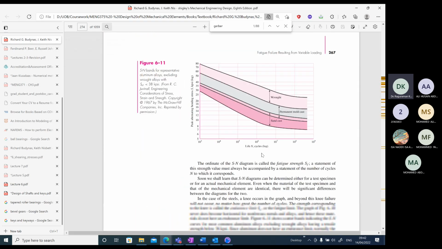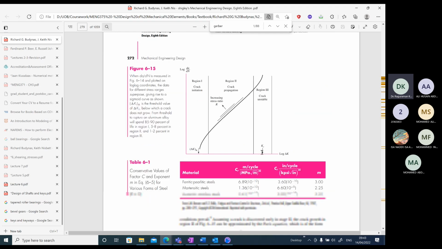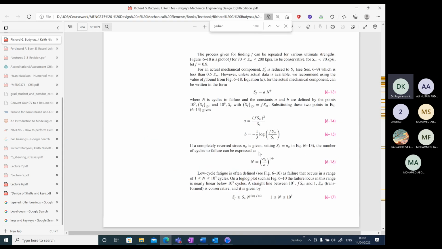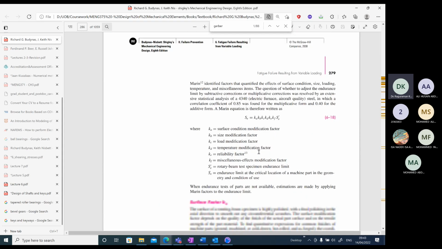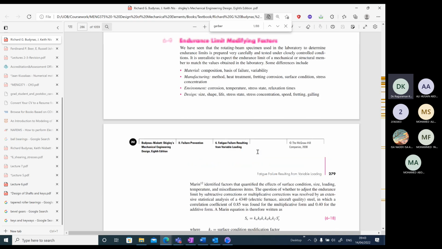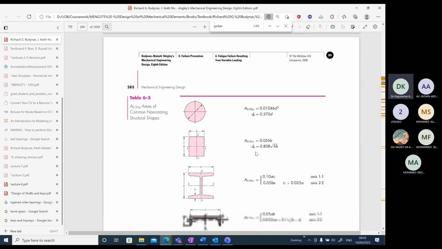Again, what is the combined stress we have seen? Let's try to recall that. I think it is in the, no, it should be here in the fatigue case.